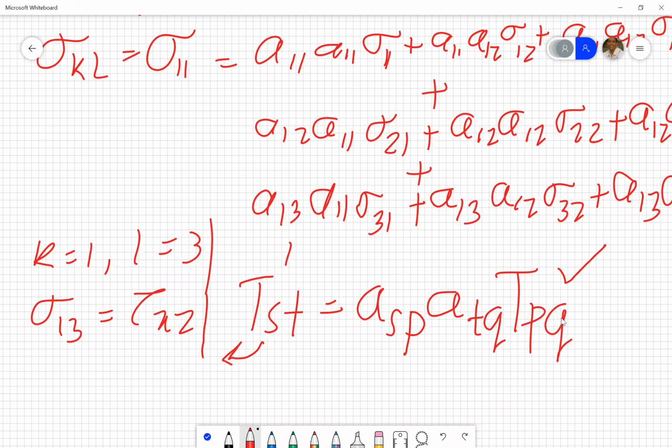T dash ST are the components referred to new primed axes, and T PQ is on unprimed axes.